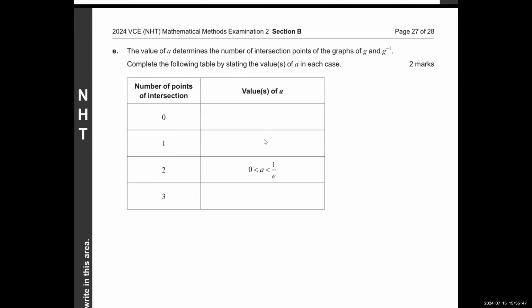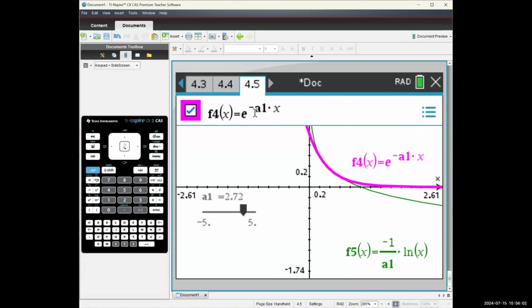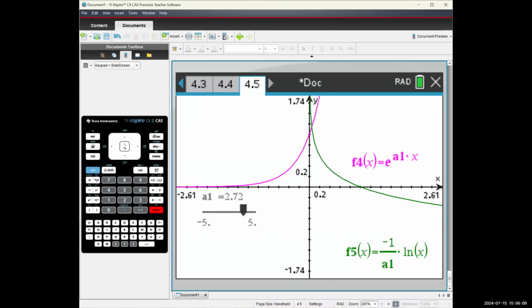Let me have a closer look. Actually, let me double check with my CAS calculator again. The question actually used a^x. All right, so I actually found the other way around, but all I need to do is to take the negative of each value.